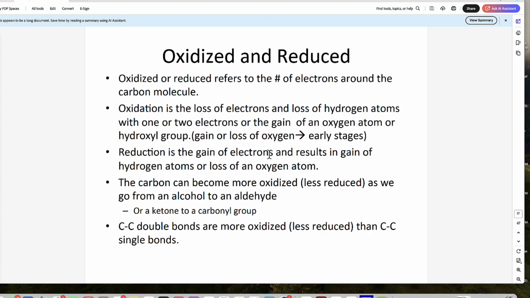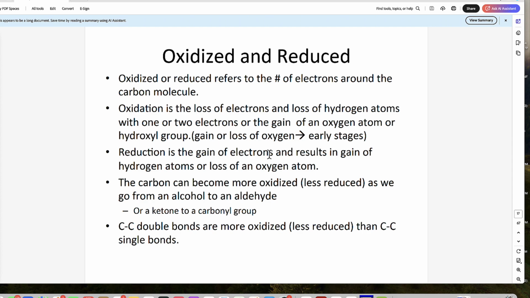So it's gain or loss of oxygen, and usually in the earlier stages. Reduction is the gain of electrons and results in the gain of hydrogen atoms or loss of an oxygen molecule. Okay, so an easy way to say this is, when you're looking at oxidation, it is going to be the gain of an oxygen or a hydroxyl group. Reduction is the loss of an oxygen atom.